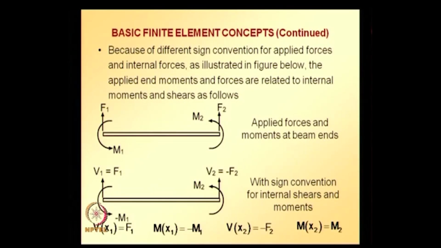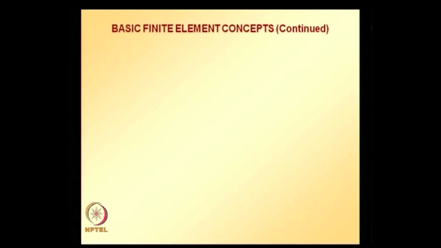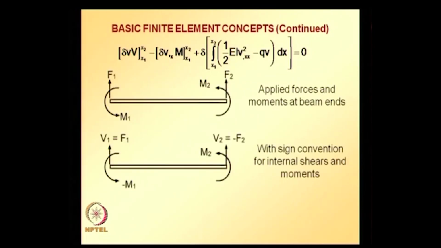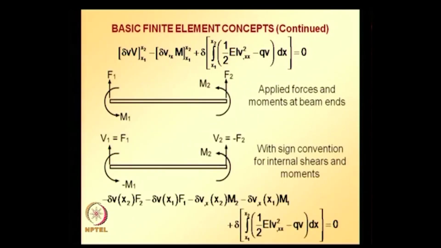These are the quantities that we need to substitute into the equivalent functional that we have earlier and simplify further, to get the corresponding potential energy functional when natural boundary conditions are specified. Substituting the values of V at x1 and x2, and the values of M at x1 and x2, we get this relation.